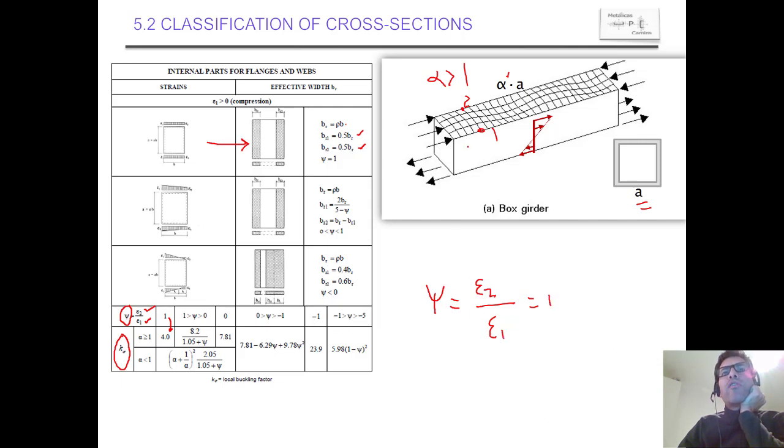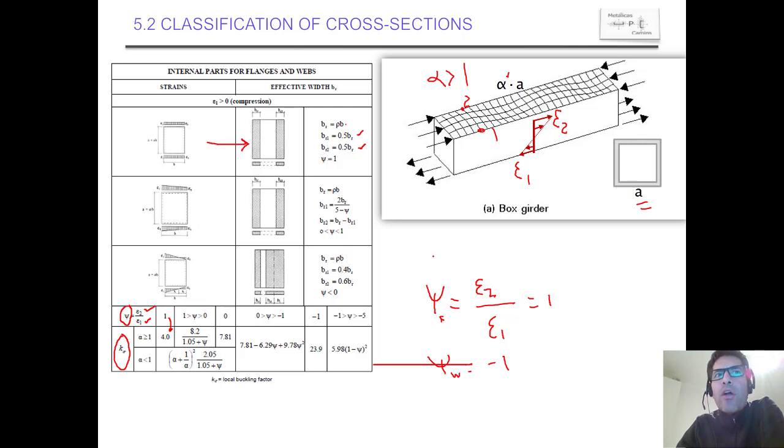The web is also supported at 4 edges, so the web is similar from the geometrical perspective to this table, but the difference is the stress distribution, because here we will have epsilon 2 and here we will have epsilon 1. So now epsilon 2 over epsilon 1, this is the flange, I would put here flange, and for the web what we get is minus 1.